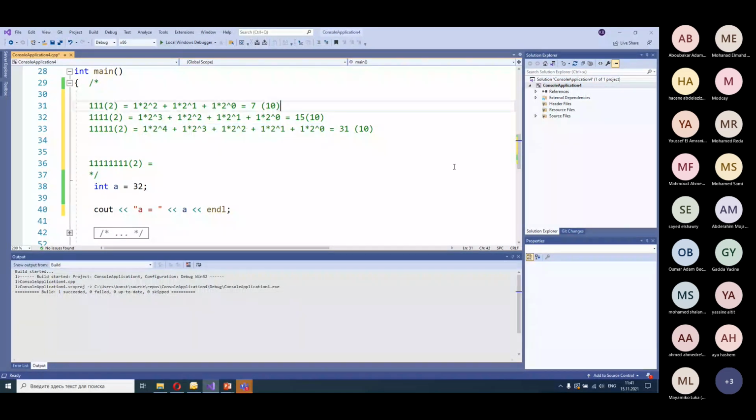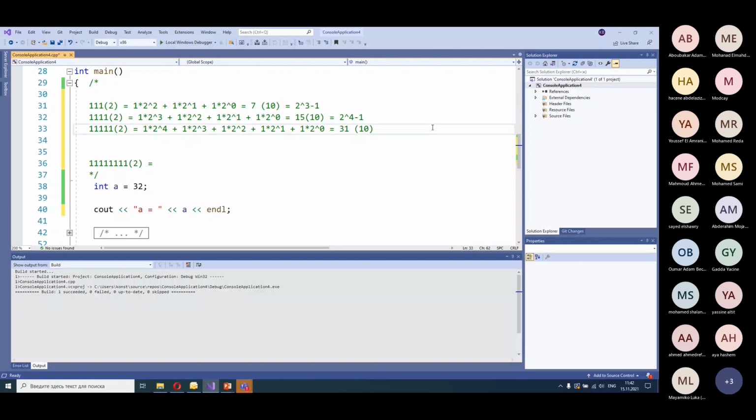The rule is very simple. Let me write the correct answer. This 7 in decimal can be written as, well, here we have 3 binary digits, so it's 2 power 3 minus 1. Here we have 4 binary digits, and it equals 2 power 4 minus 1. And here we have 5 binary digits.